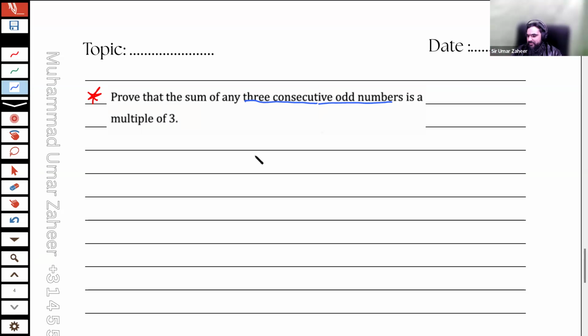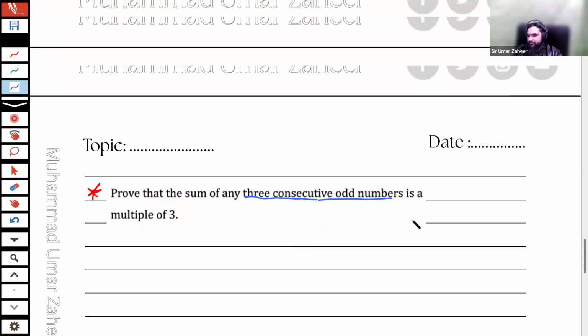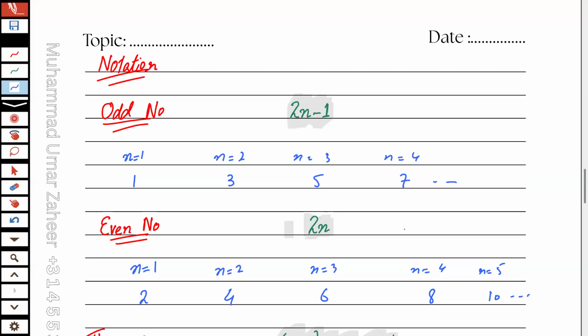What is the general notation for the odd number? 2n minus 1.